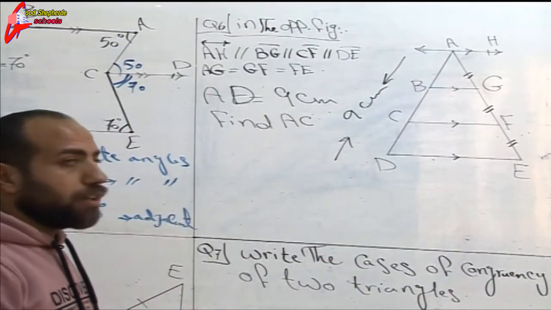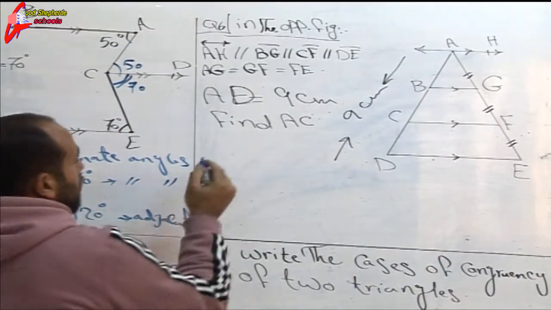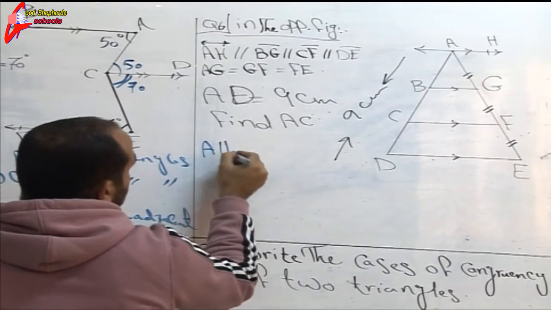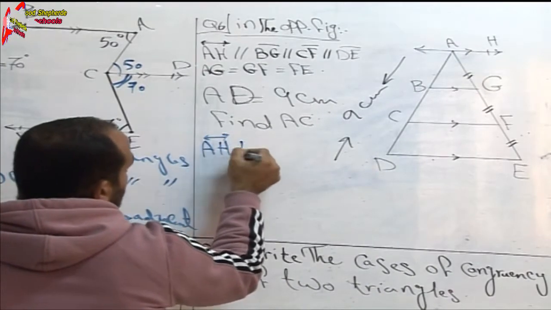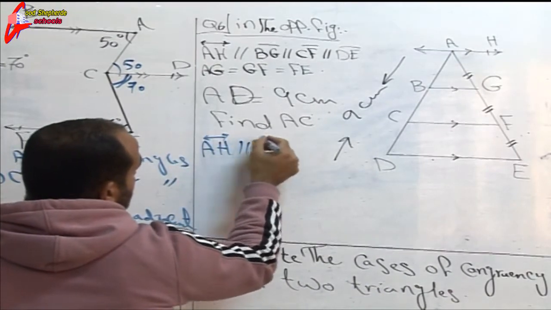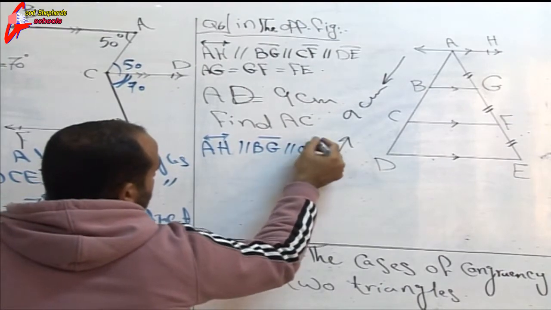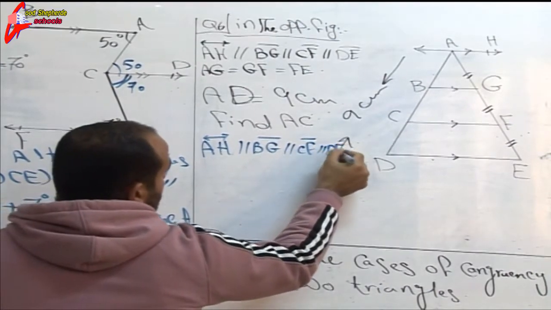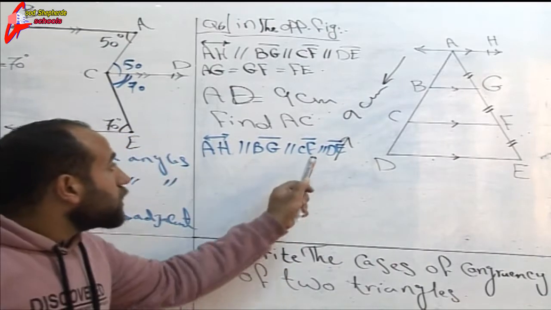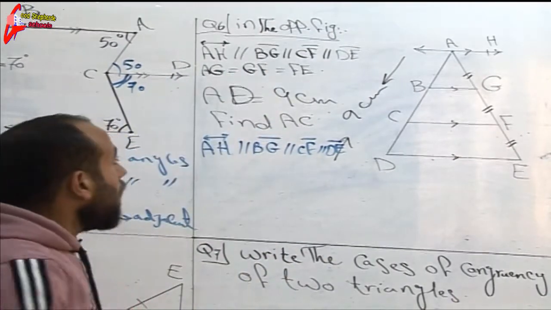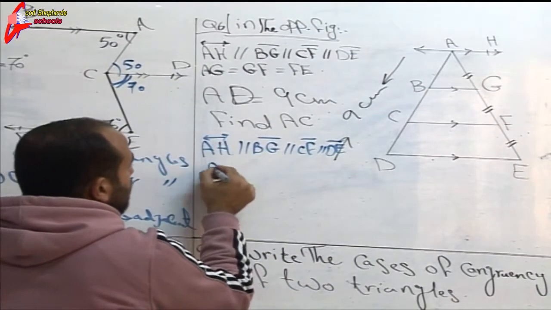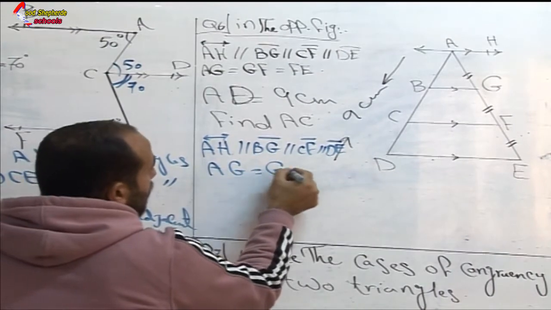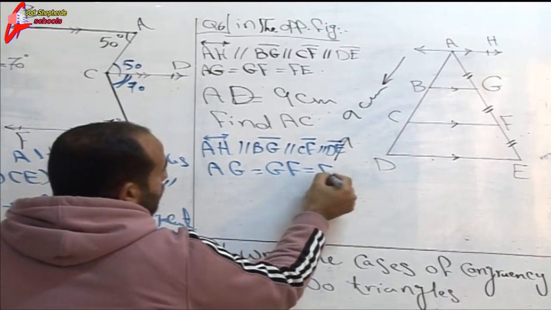Find AC. First, I have AH parallel to BG, parallel to CF, parallel to DE, and you can write it from the given. And we have AG equals GF equals FE.